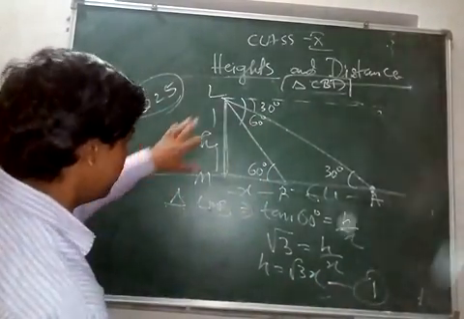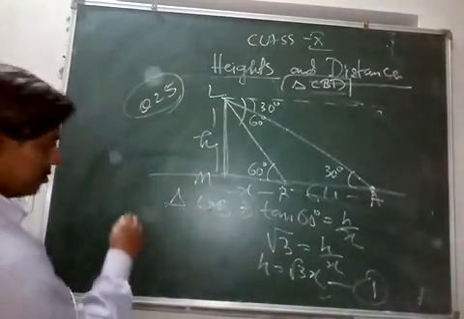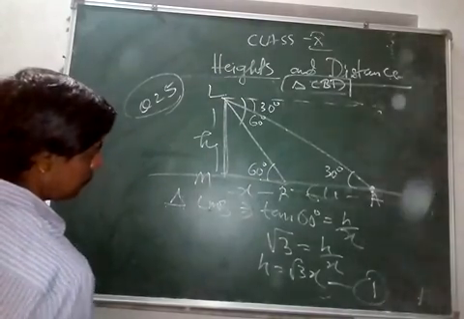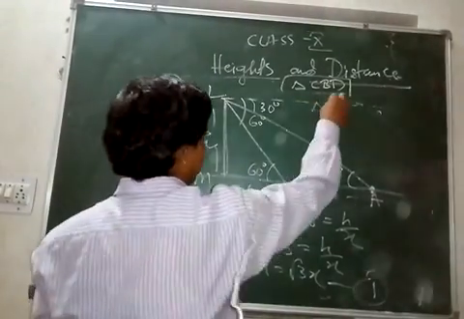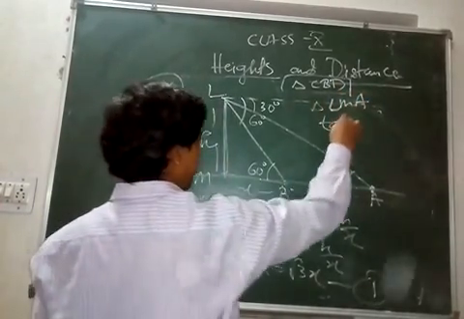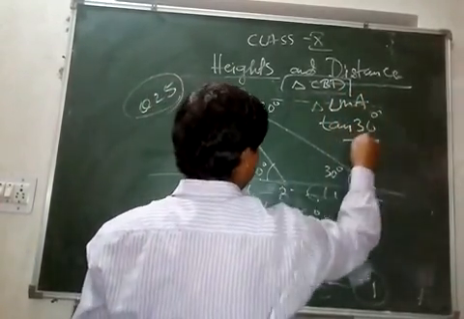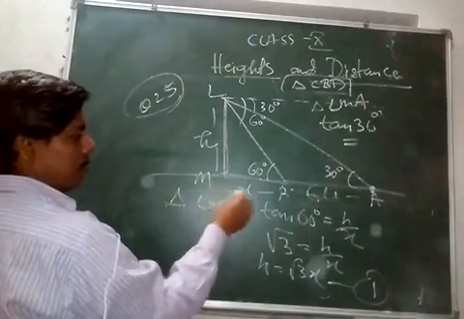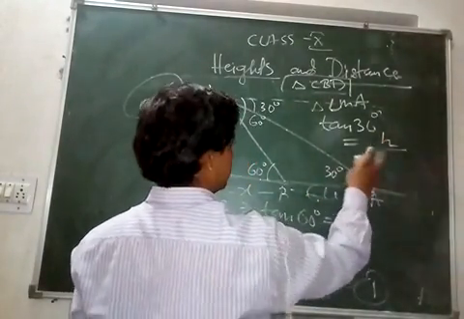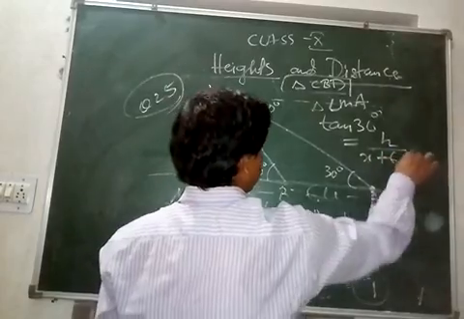And now we need to find in LMA. So I am writing triangle LMA. tan of 30 degrees is equal to perpendicular h upon x plus 6u.